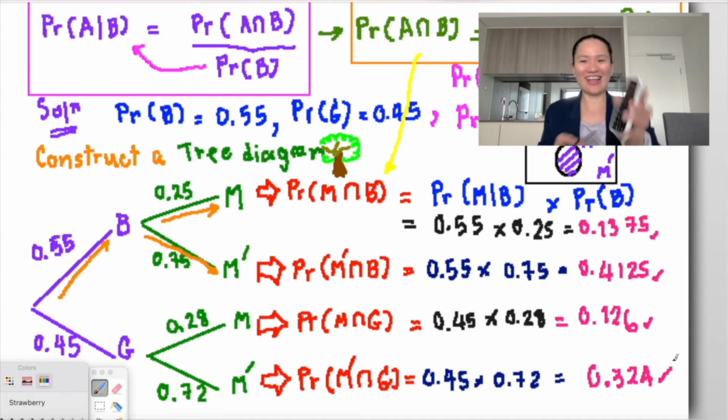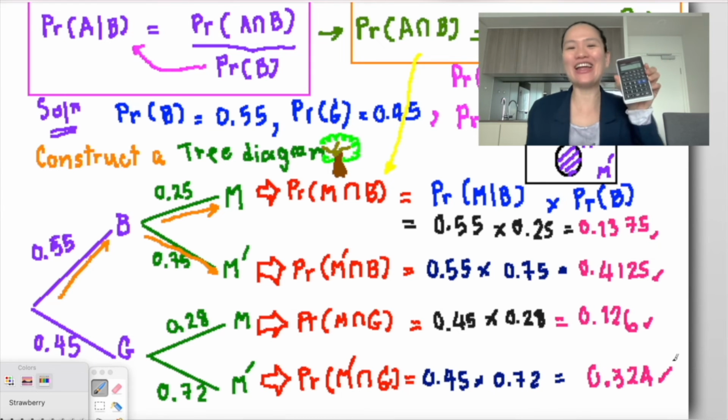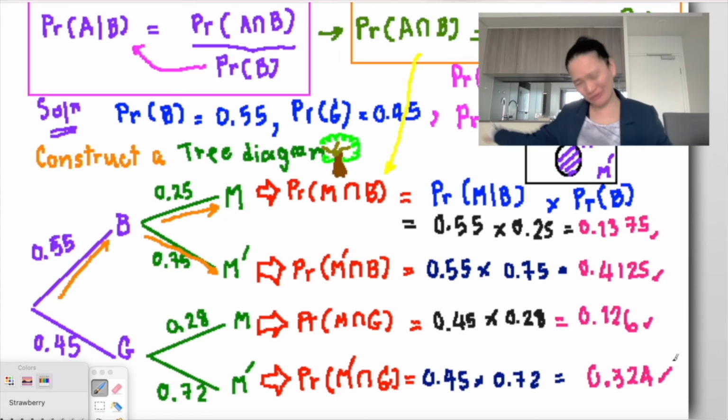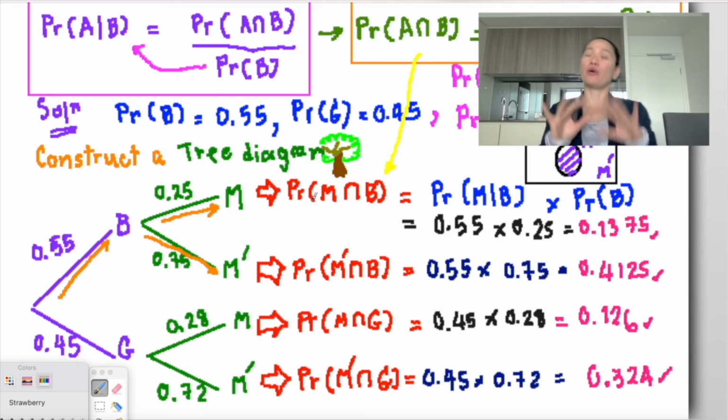And you know what? Look! When we sum the probabilities together, it equals 1. I mean, we have done it correctly. Wow, so now you know how we can find the probability of all of them in conditional probability.